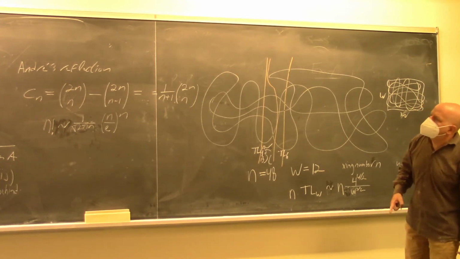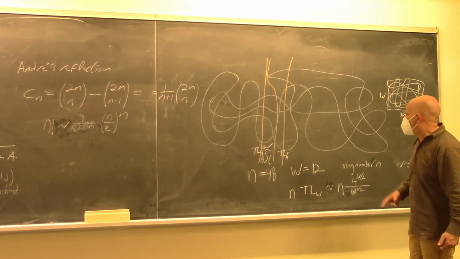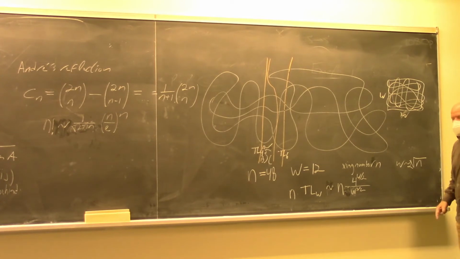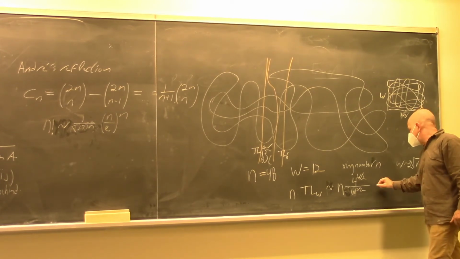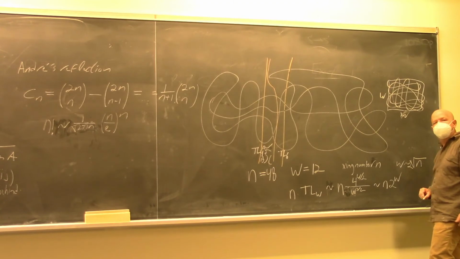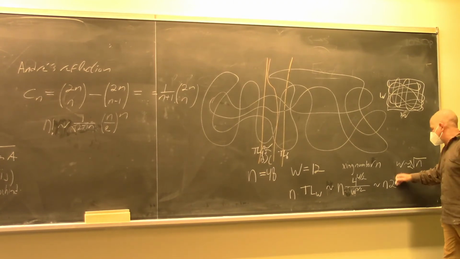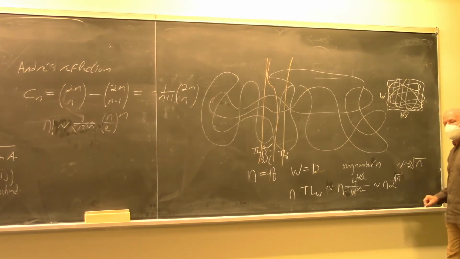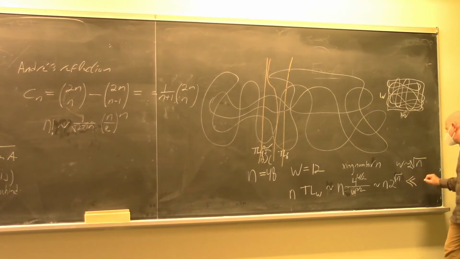Sorry, why did I say W over 2? Oh, yeah, because yeah. So this is roughly n times, or some polynomial times, 2 to the power W. So 2 to the power square root of n. And this is a lot less than 2 to the n, which was what we needed originally.